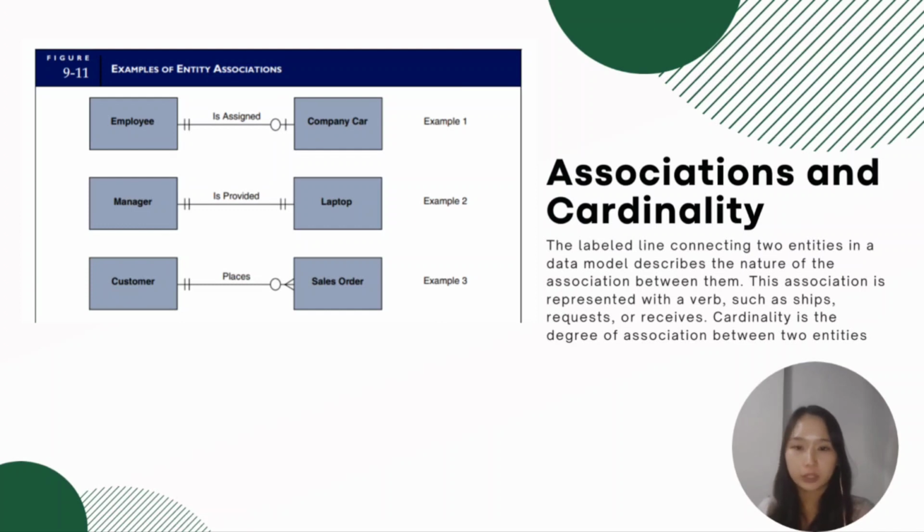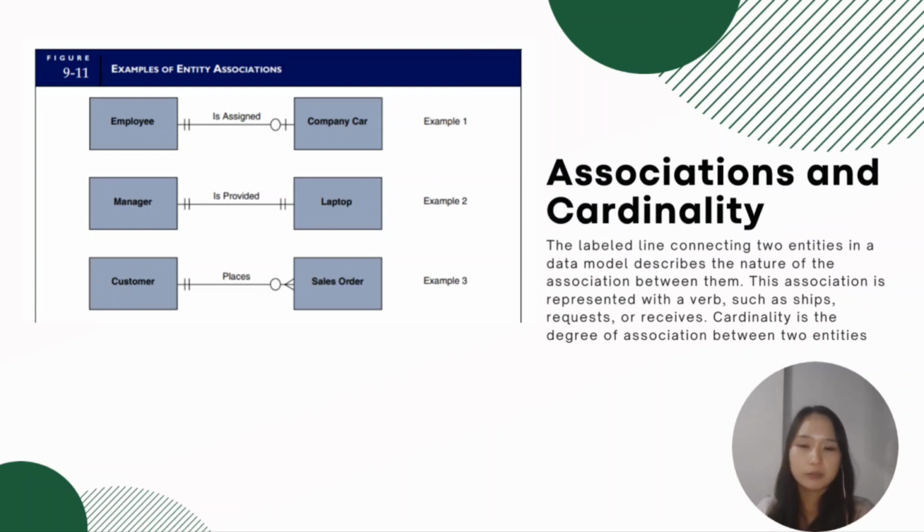Example 3 presents the relation between the customer and sales order entities. Notice that the minimum number of sales records per customer is 0 and the maximum is many. This is because in any given period, a customer may purchase nothing or purchase several times.